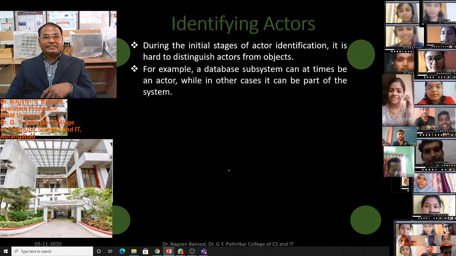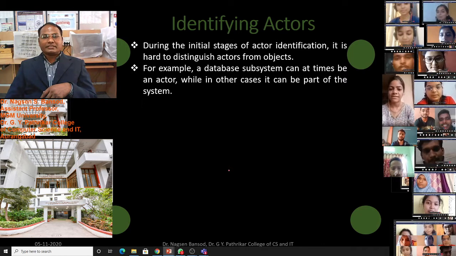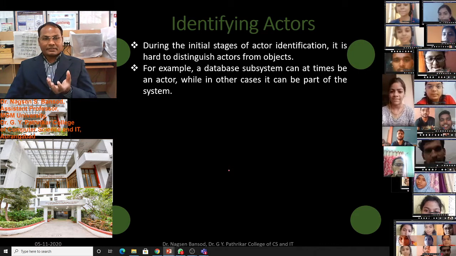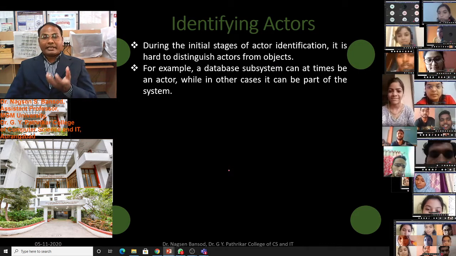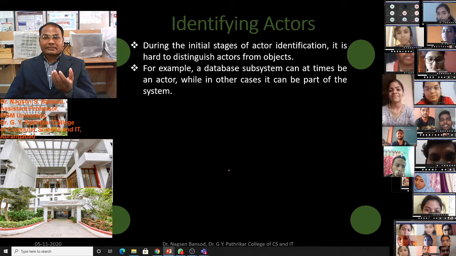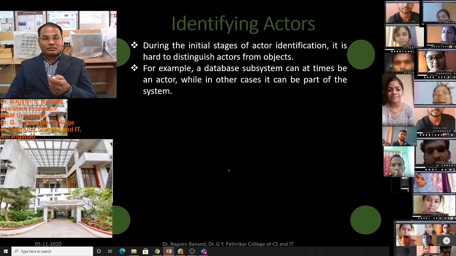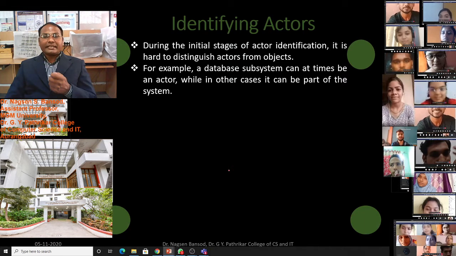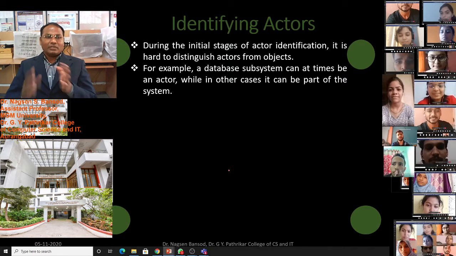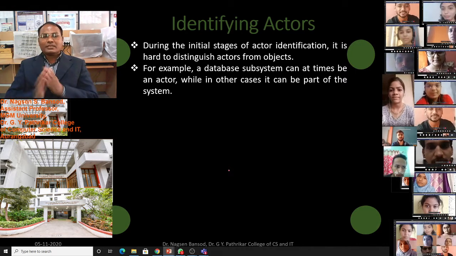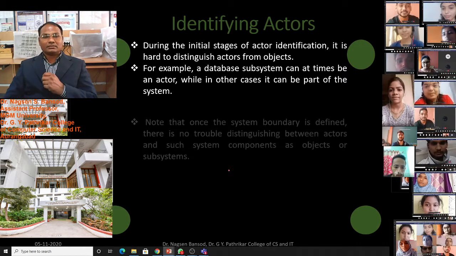During the initial stage of actor identification, it is hard to distinguish actors from objects. For example, a database subsystem can at times be an actor, while in another case it can be a part of the system. A database can be an actor or it can be part of the system, so it is difficult to identify the actor.